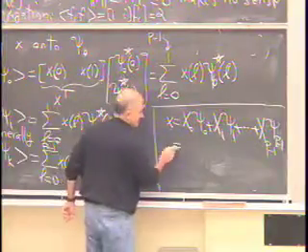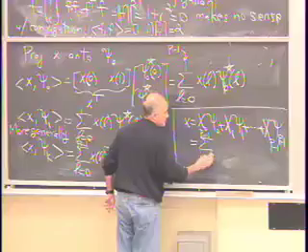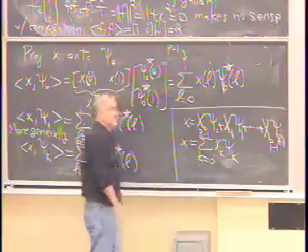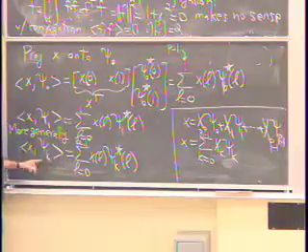So here we have the summation k from 0 to P minus 1, xk, ck. That's what x is. And I'm taking the projection of the left side onto ck.